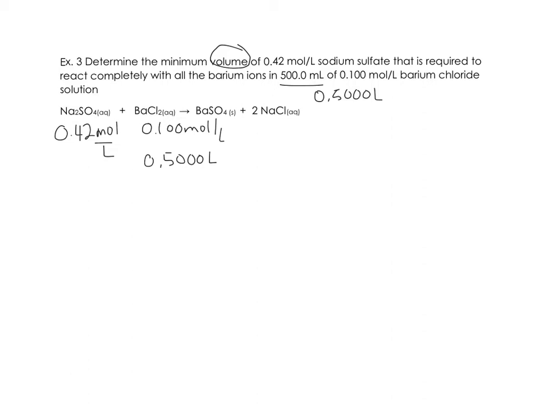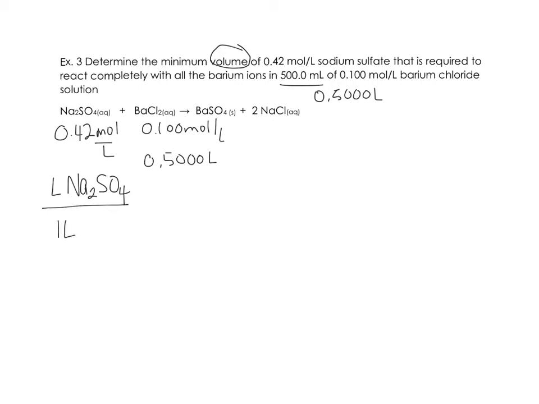So we need volume, so liters of sodium sulfate as our final answer, our final units. So we are going to use whatever has that in its ratio, and that would be the concentration.